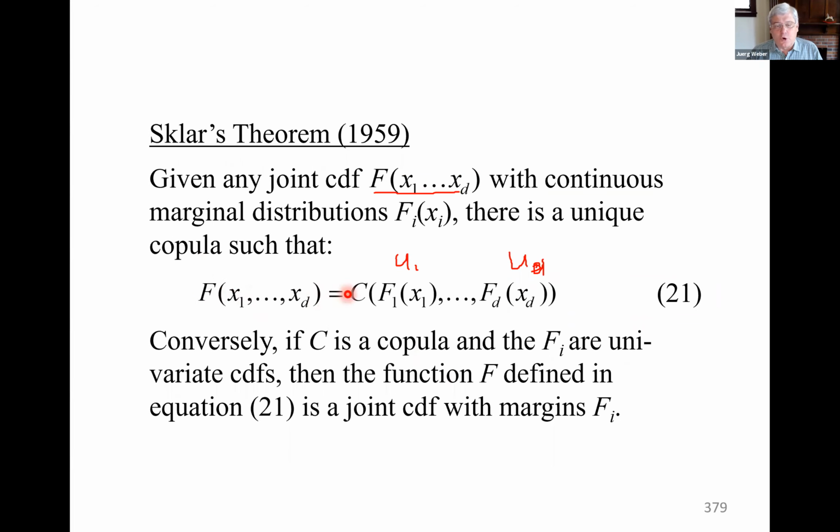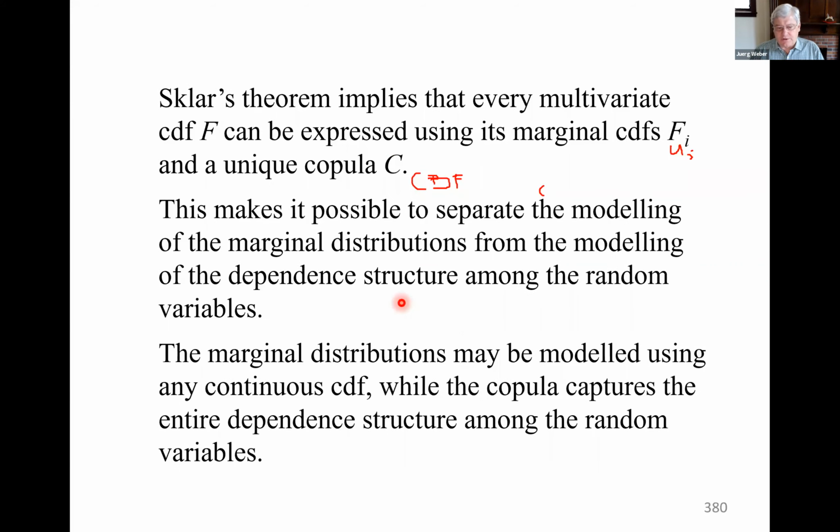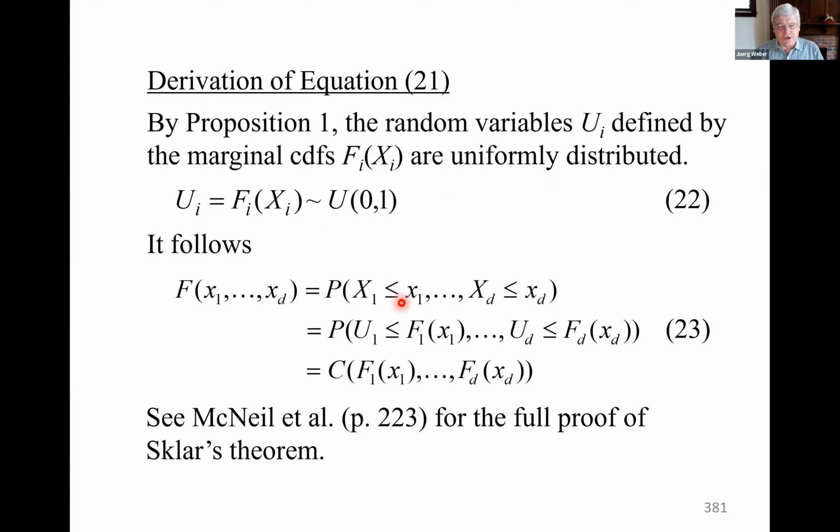So, a Copula, and here the uniformly distributed values of the marginal CDFs. Now that's not the full proof. You need necessary and sufficient conditions, so you have to go to McNeil's book to do that.